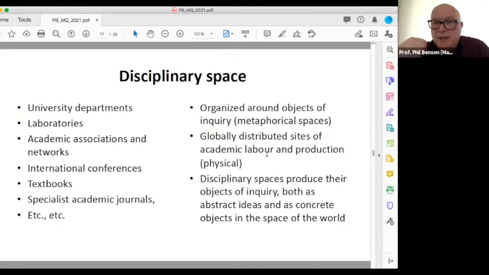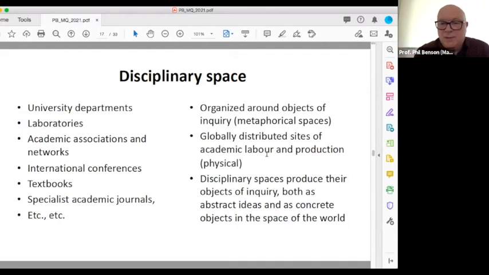So the idea that language is a system is not just an idea, it's something that's really embedded in this very physical global disciplinary space that takes that as a central assumption. But what I want to argue also is that disciplinary space is not just organized around an object of inquiry, it's constantly producing that object of inquiry as well, both as abstract idea and as concrete objects in the space of the world.